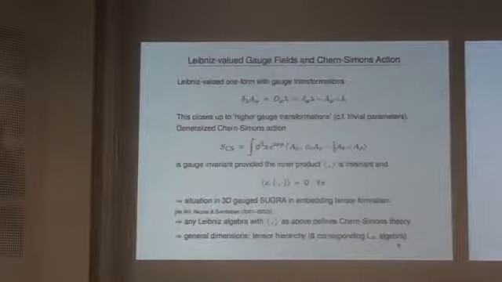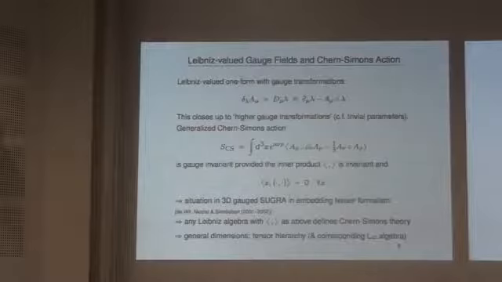In fact, it's the situation in 3-dimensional gauge supergravity in the embedding tensor formalism as developed by Hohm and Nicolai, already 16, 17 years ago. So the statement is that any Leibniz algebra with an inner product having the right invariance properties defines a consistent Chern-Simons theory.